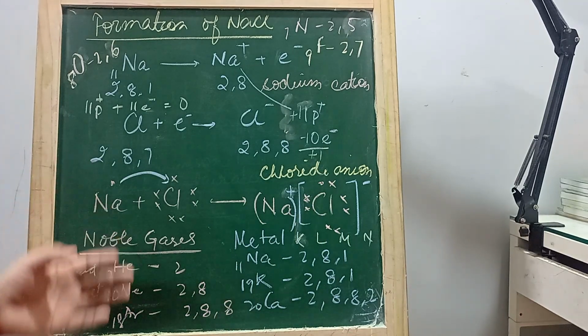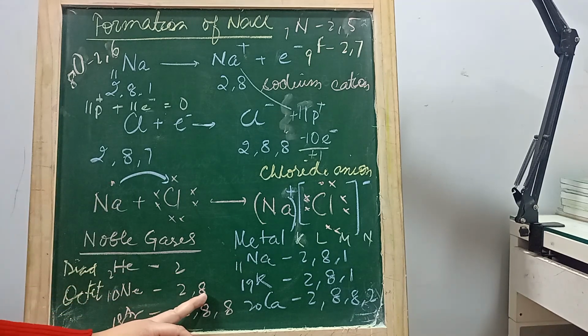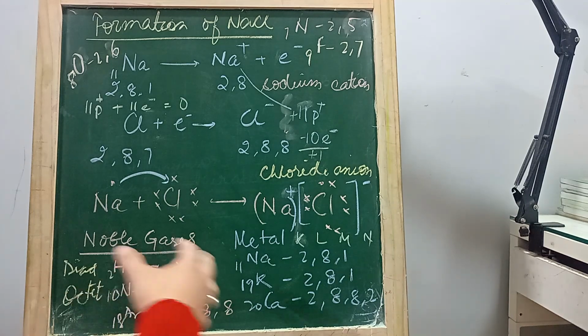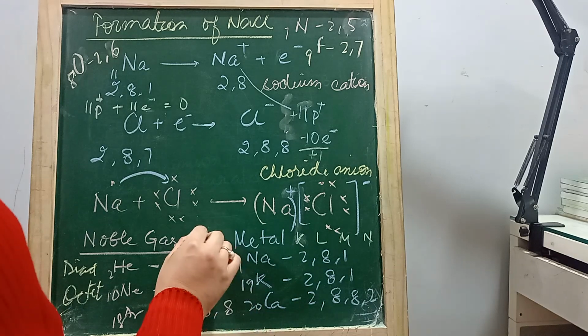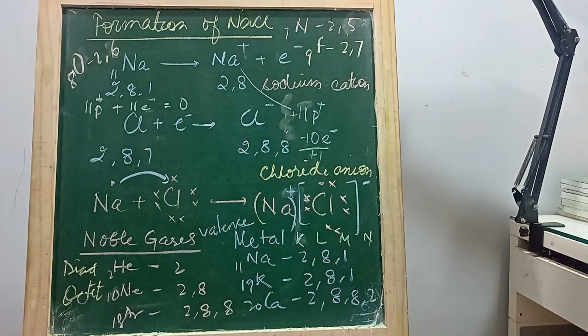While studying the electronic configuration, what we realize is that their outermost shells are completely filled. The outermost shell is also called the valence shell, V-A-L-E-N-C-E. The valence shells are filled.